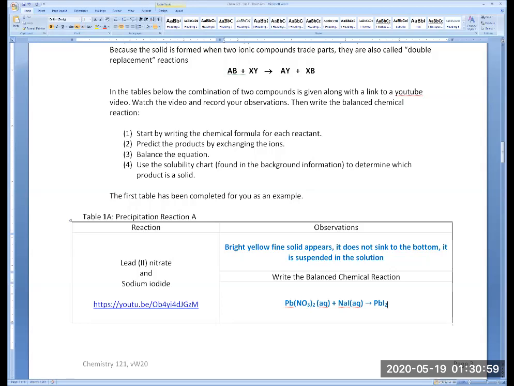It's important to completely erase the positive and negative charges once you have the compound formula, because the compound formula is neutral and you shouldn't show any charges there because they cancel out, right? That's how we find it, because we try to find what will make it neutral. So PbI2 is one of the products, and now we need to determine its physical state.